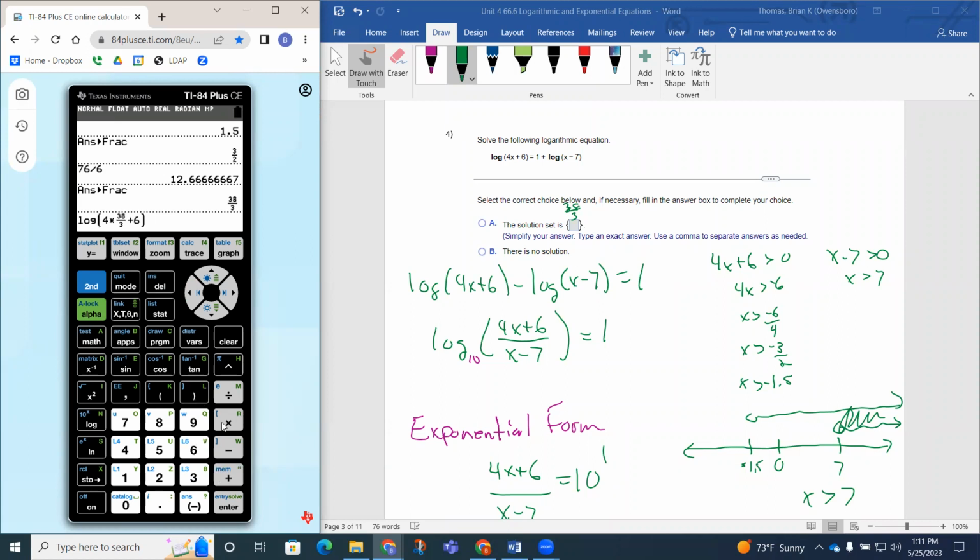And then close the parentheses. So 4 times 38 thirds plus 6, that equals that. Then on the other side, we have this 1 plus the log of, then we can paste that 38 thirds in there, minus 7, close parenthesis, and do we get the same answer? Yeah, we do get the exact same answer, so 38 thirds does satisfy our problem.